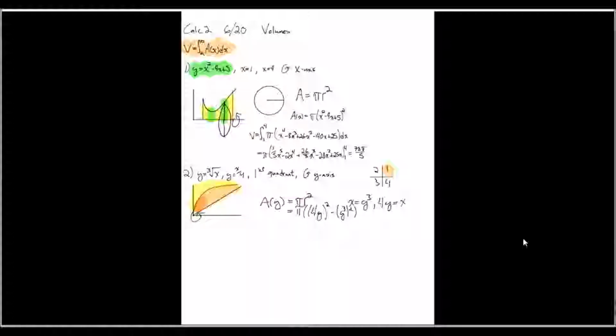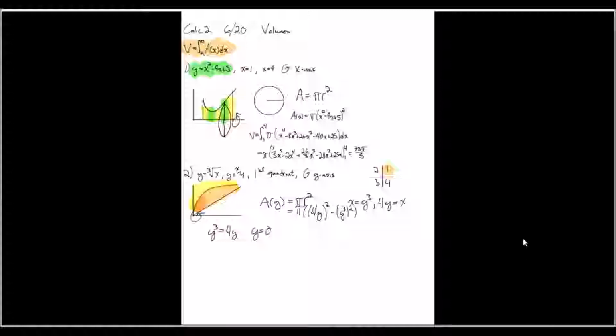So if we look at our functions and set them equal to one another, we've got y cubed equals 4y. Right off the bat, you can see that 0 is a solution here, right? So y equals 0.